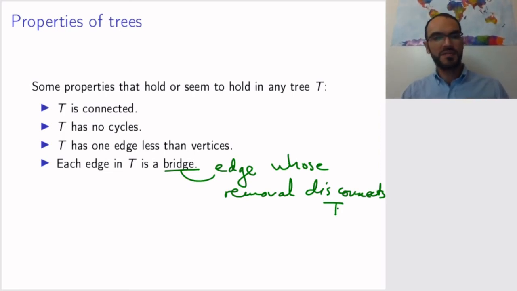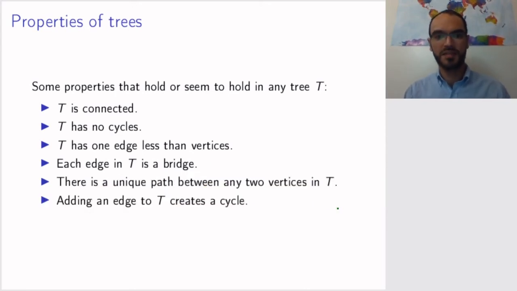There are other properties that we haven't proved, but you might perhaps believe them. If you look at a tree, it seems like between any two vertices there's at least one path because the tree is connected, but there is no more than one path. There's exactly one path between any two distinct vertices. So distinct here is important.